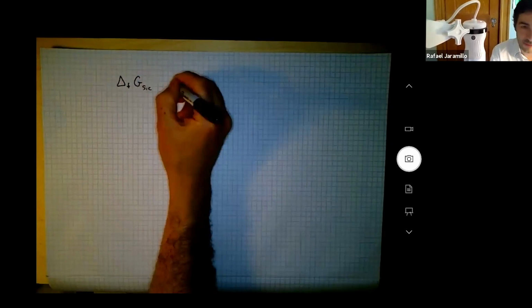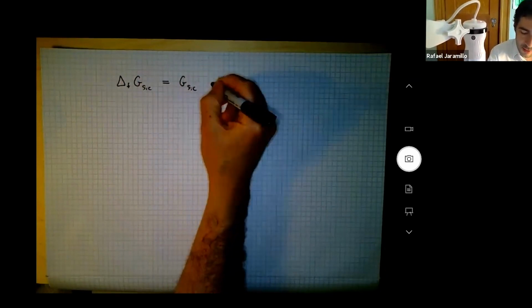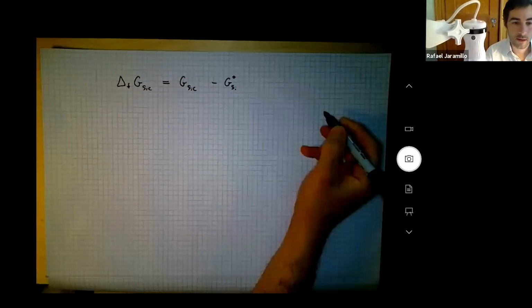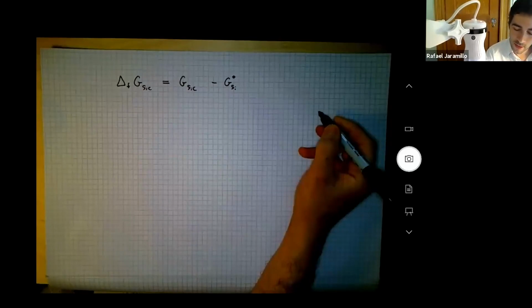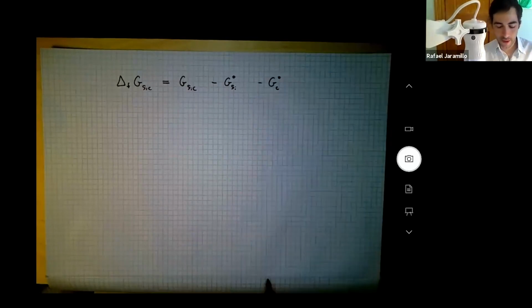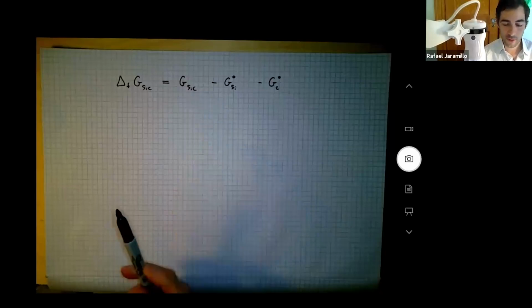Well, just by definition, right? I know what that is. It's the Gibbs free energy of silicon carbide minus the Gibbs free energy of silicon in its reference state, in its pure state, minus the Gibbs free energy of carbon in its reference state. Right? And the stoichiometry is really easy, right? 1 mole of silicon and 1 mole of carbon forms 1 mole of silicon carbide. So, this expression is very, very easy.